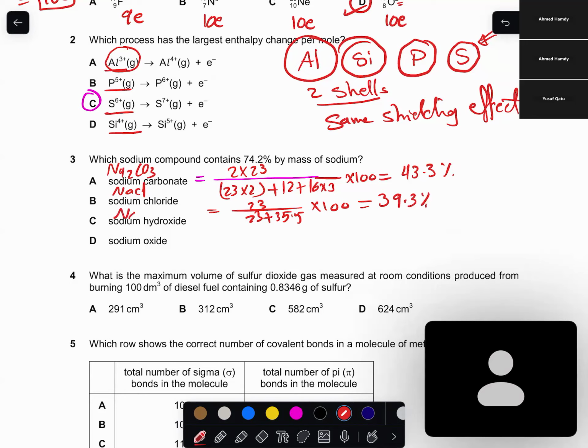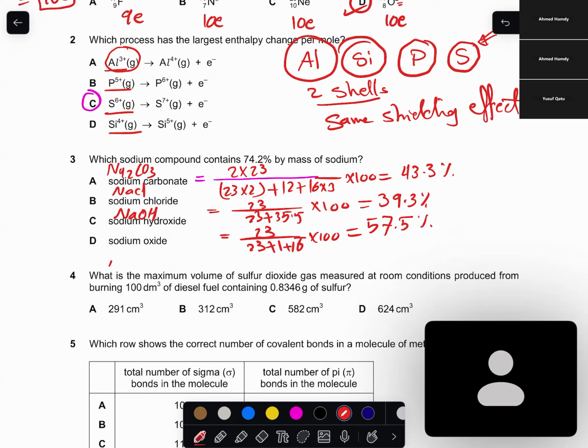In sodium hydroxide, NaOH, it will be 23 over 23 plus 1 plus 16 times 100 equals 57.5%.